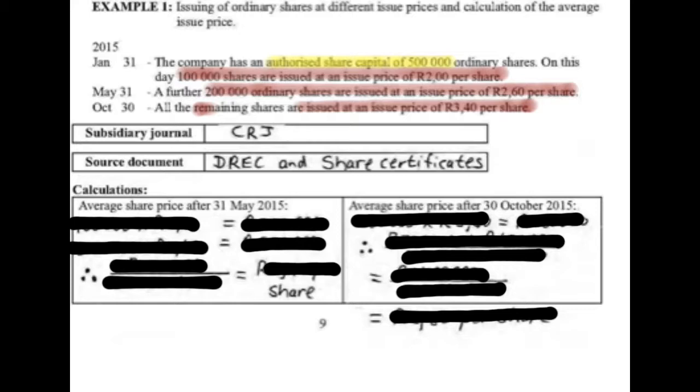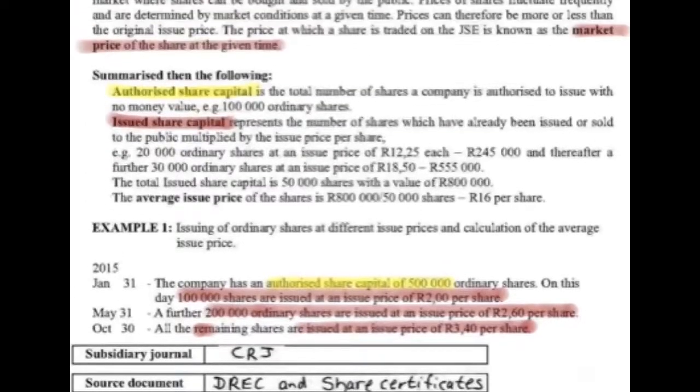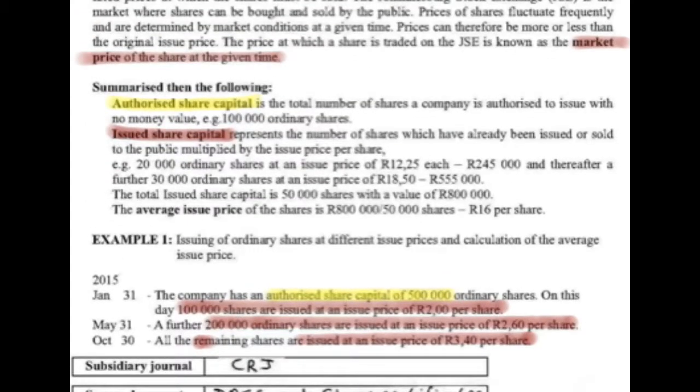Second question. What is the average share price after the 31st of May? So remember, to work out average share price, you need to have the share capital amount as well as the number of shares.